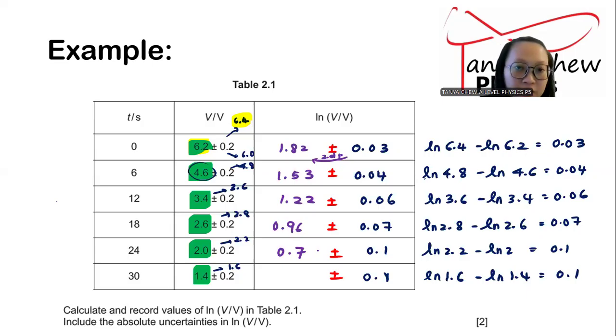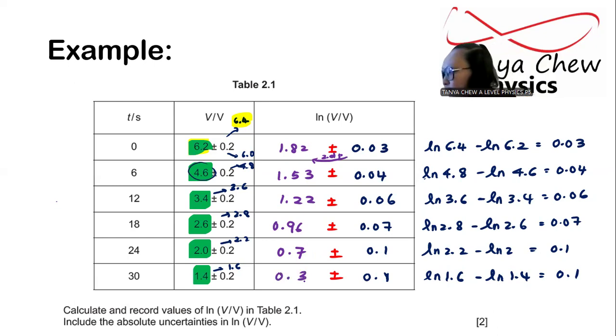If it is not being included, you just follow the significant figures of your raw data, which is V. Now, the next one, ln 1.4. Since 1.4 has 1 decimal point, I put it in 1 decimal point, 0.3. That's it.